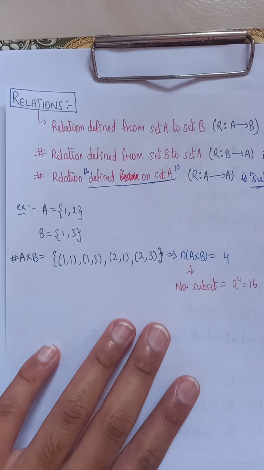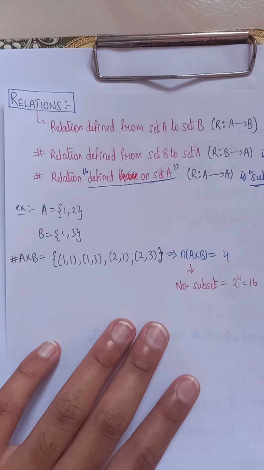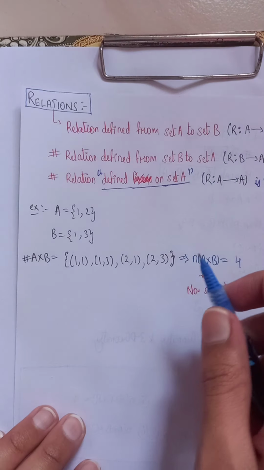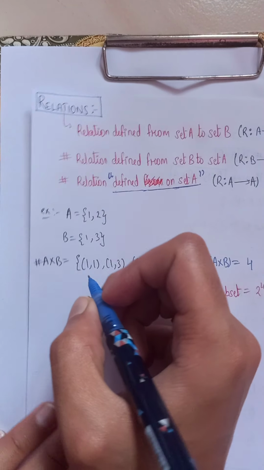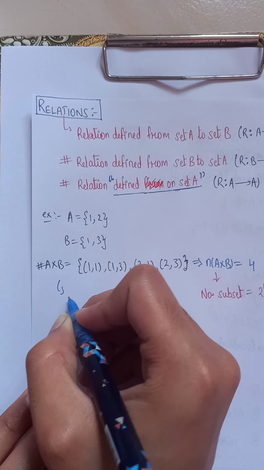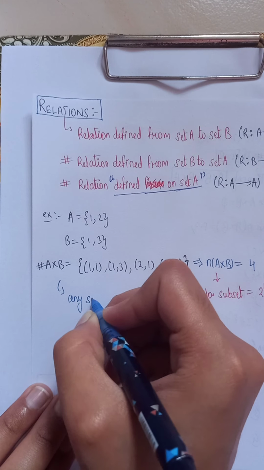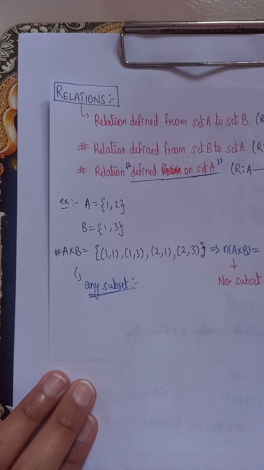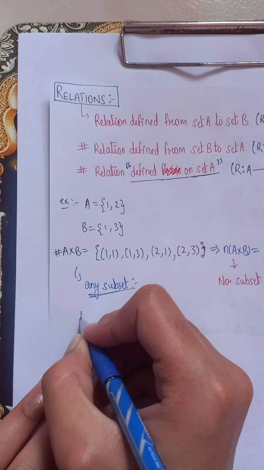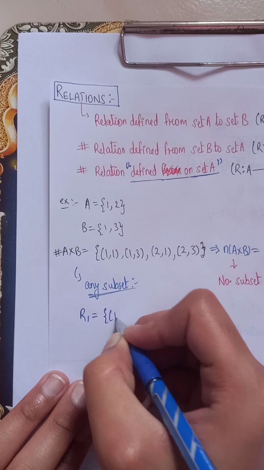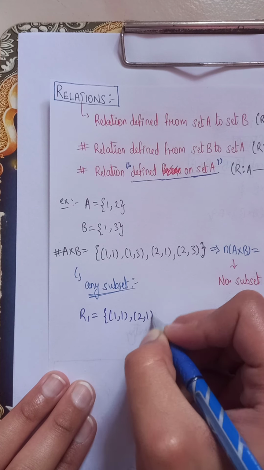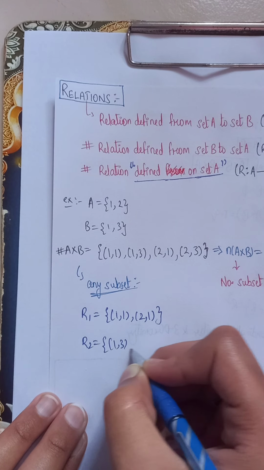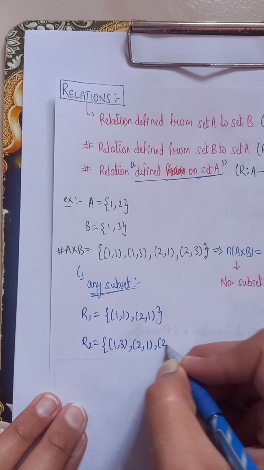Now let's write any subset. Suppose the subset R1 is (1,1), (2,1). R2 is (1,3), (2,1), (2,3).